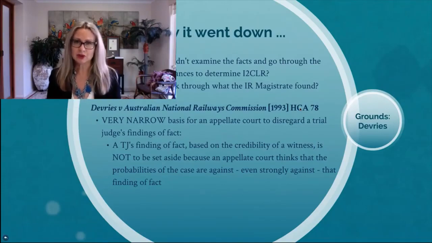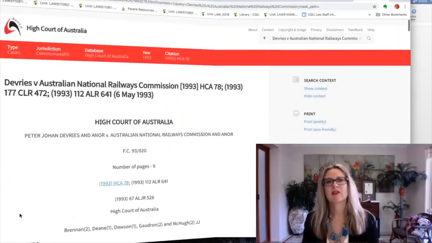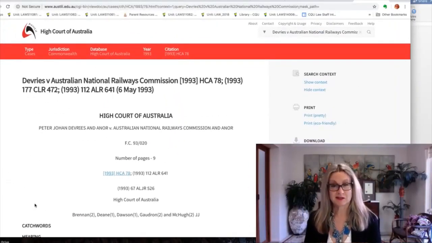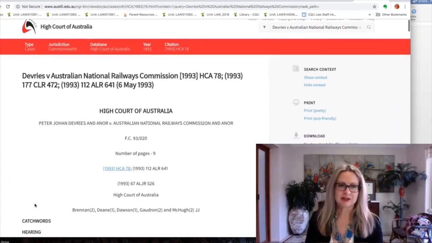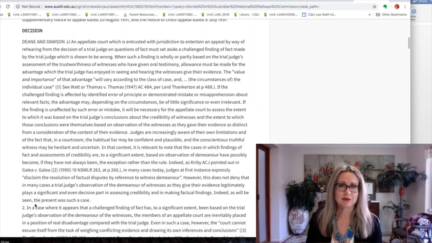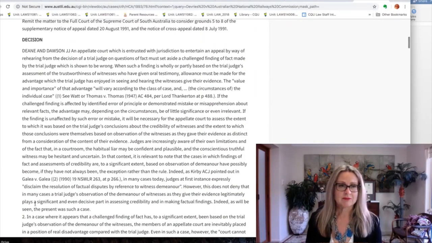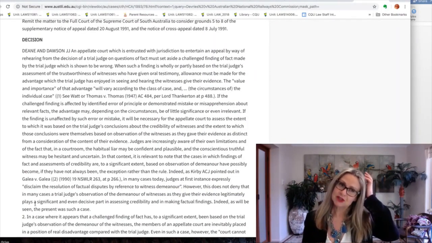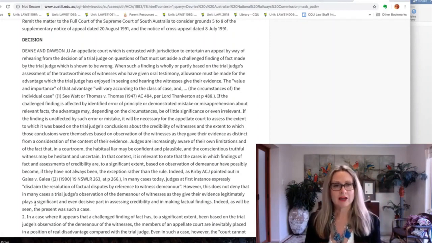If you go and have a look at the De Vries case, okay, so here's something I prepared earlier. This is the De Vries case. Just to quickly set out the principle that was at stake here for you, Justices Deane and Dawson, in their joint judgment, go about explaining why a trial judge's decisions on fact is so important.